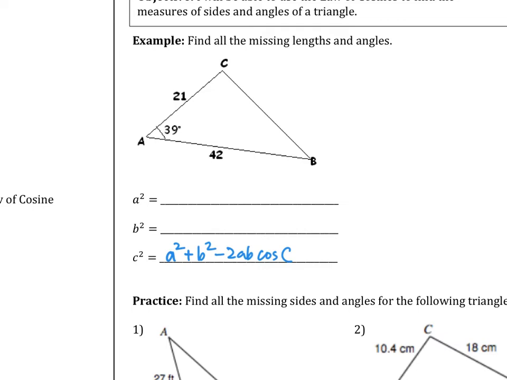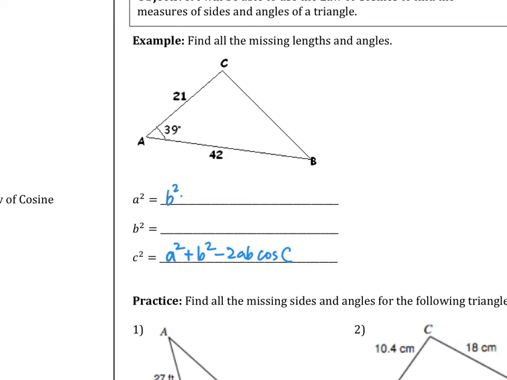Now we can go back and write it for every formula, because you can see there's a pattern. A squared plus b squared and minus 2 what? A and b. So you can see it's these two sides here, and then cosine c being the angle opposite. Okay, so let's go ahead and fill it out for the a squared one. So what do you think the formula is for a squared?